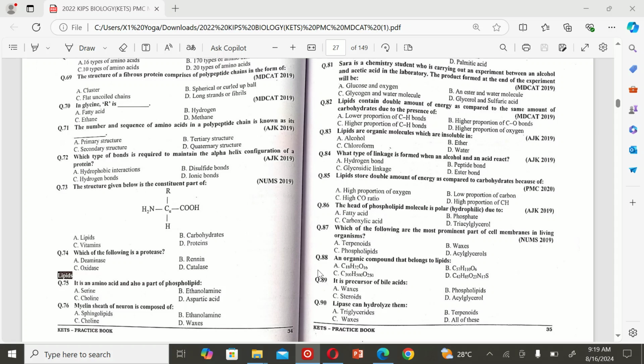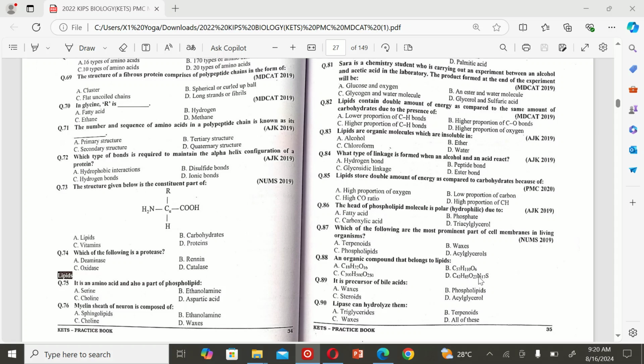The next MCQ is: an organic compound that belongs to lipids. A. C18H32O16, B. C57H110O6, C. C300H500O250, and D. C42H85O23 and 17S.